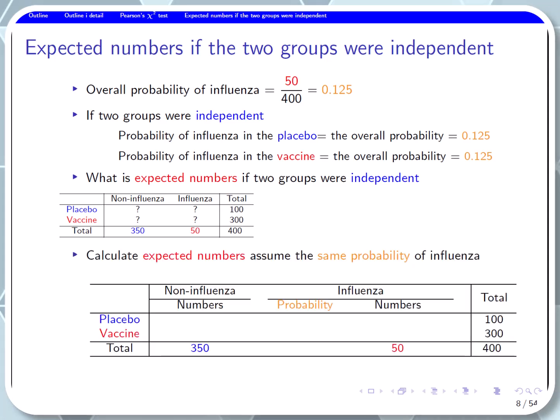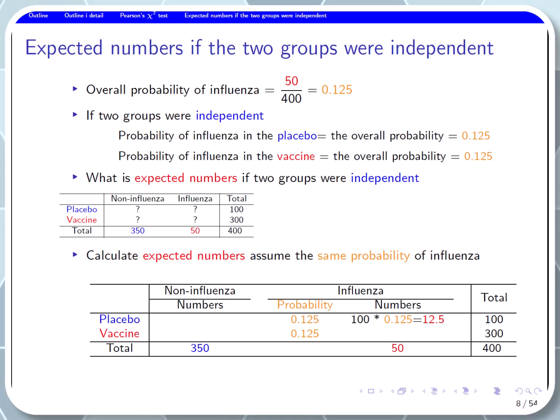The following table demonstrates how to calculate the expected numbers. As we know, the probability of influenza in both groups is 0.125. Therefore, the expected number of influenza cases in the placebo group is 100 multiplied by 0.125, equal to 12.5.